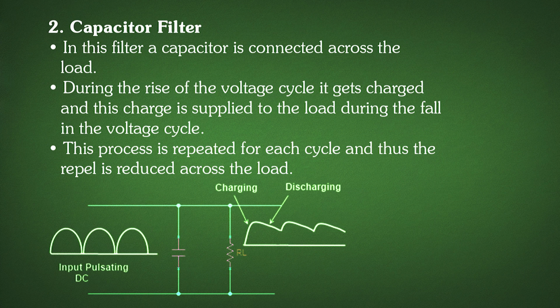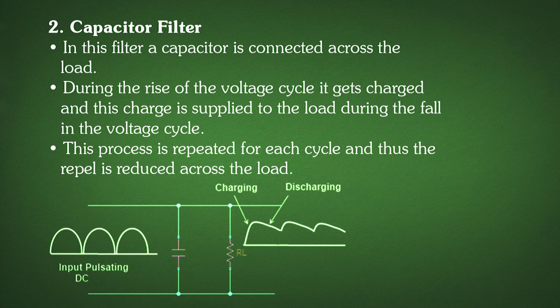The following picture shows the circuit of capacitor filter, in which RL is the load resistance, and the output of the rectifier is shown here as pulsating DC, which is input to the filter. The capacitor is connected parallel to the load.